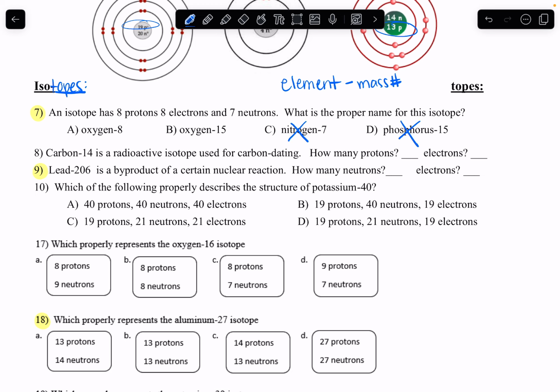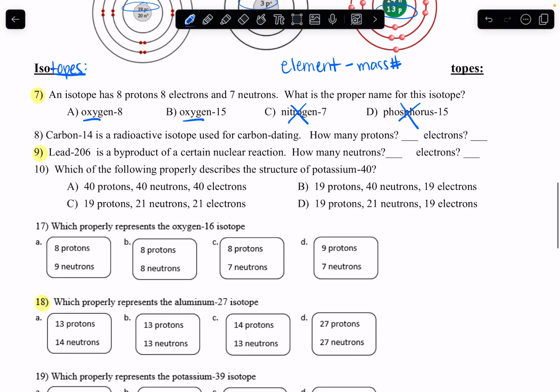But A and B both have oxygen. I know I have 8 protons, 8 electrons, and 7 neutrons. So I need to go find my mass number now. My mass number is equal to the number of protons plus neutrons. So 8 plus 7 is 15. That's my mass number. So A is out and B is my answer.